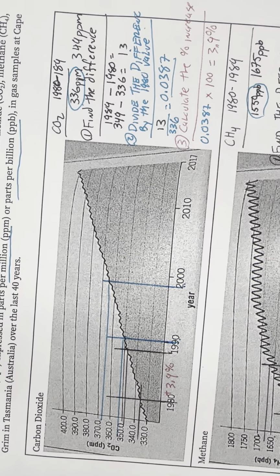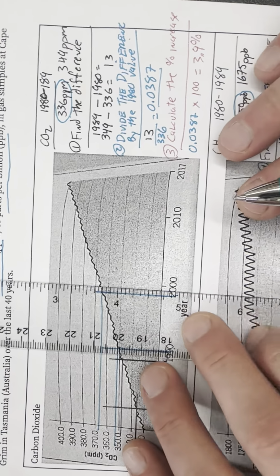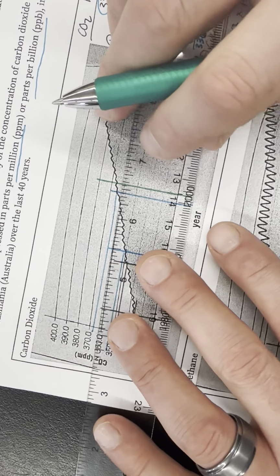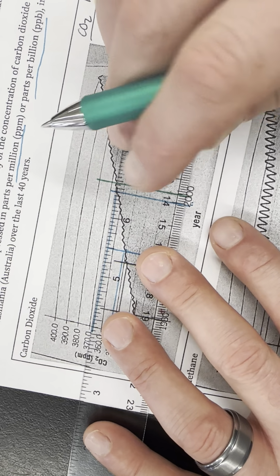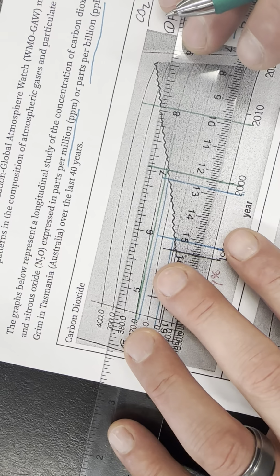So you have to do it for each actual decade. So for 2000, we would collect data for 2000, something like that, and 2009. So it looks something like that.